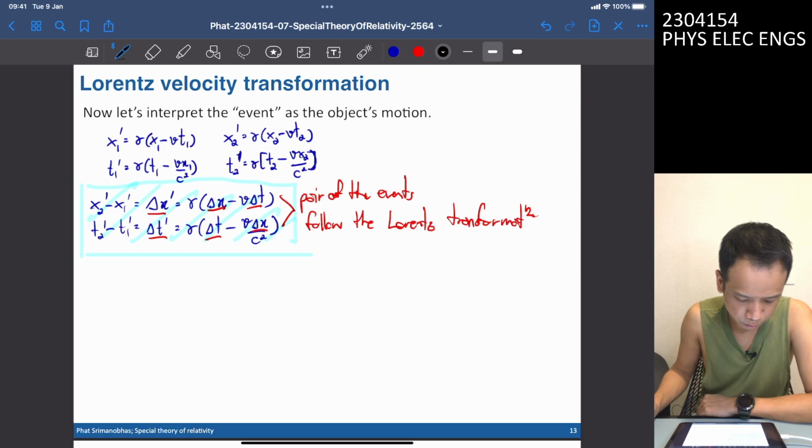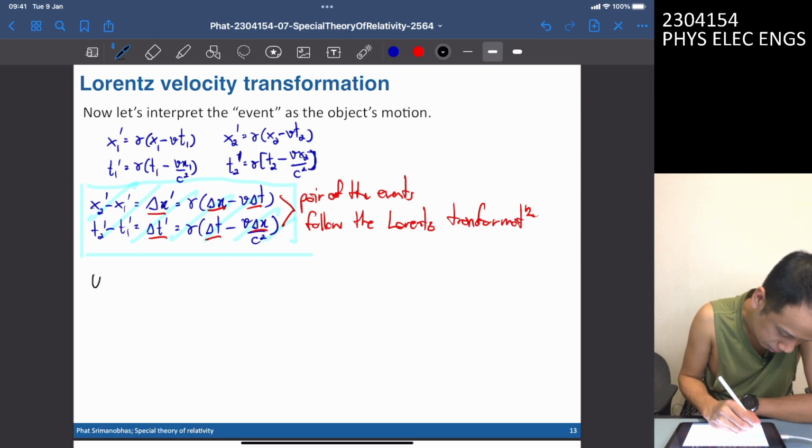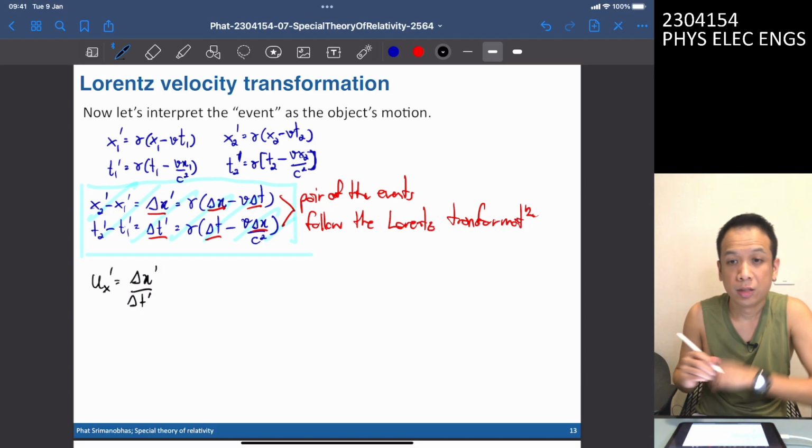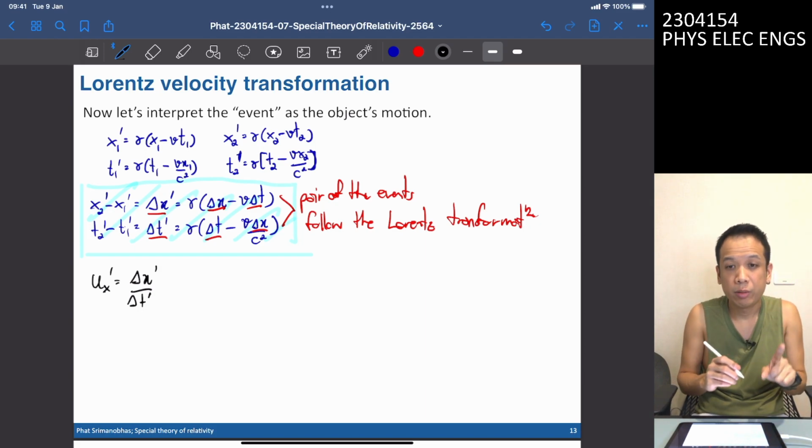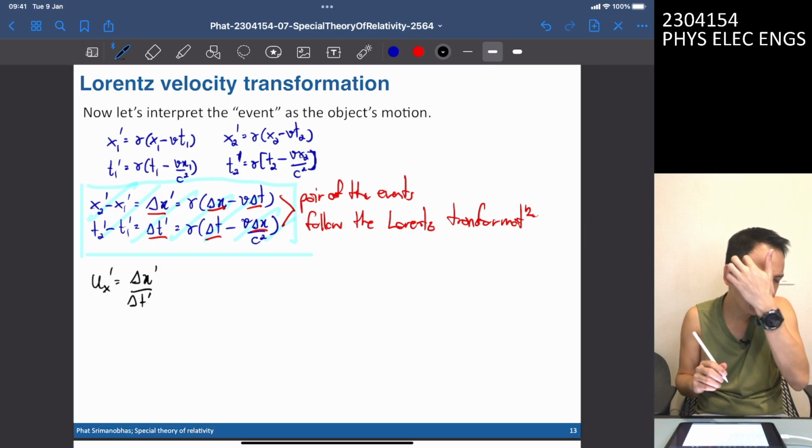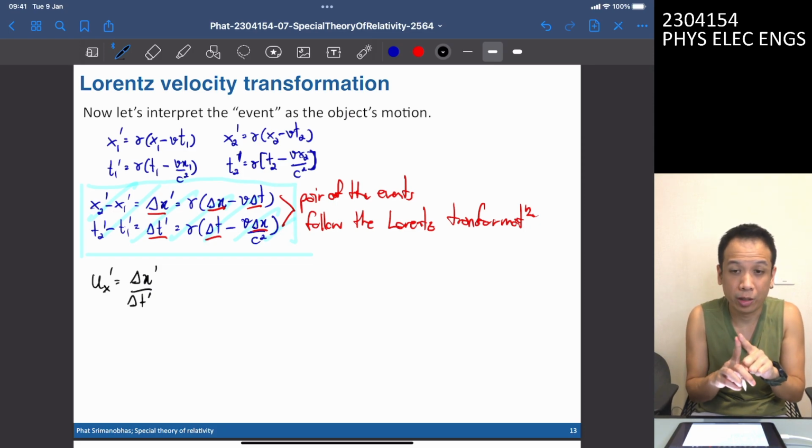So now we would like to talk about the velocities. The ux prime is basically the change of the position divided by the change of the time. But be careful when we're talking about velocities. Normally we're talking about a very short period of time, right?